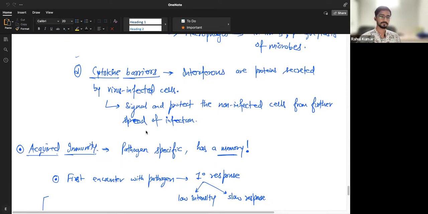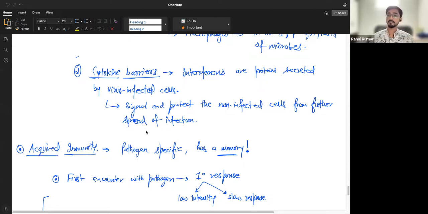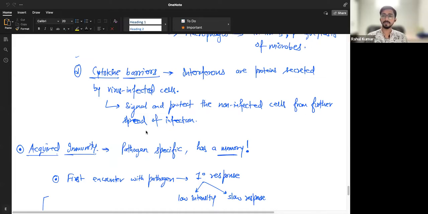Then the last one is cytokine barriers, which are basically molecular. Interferons are the players for cytokine barriers.